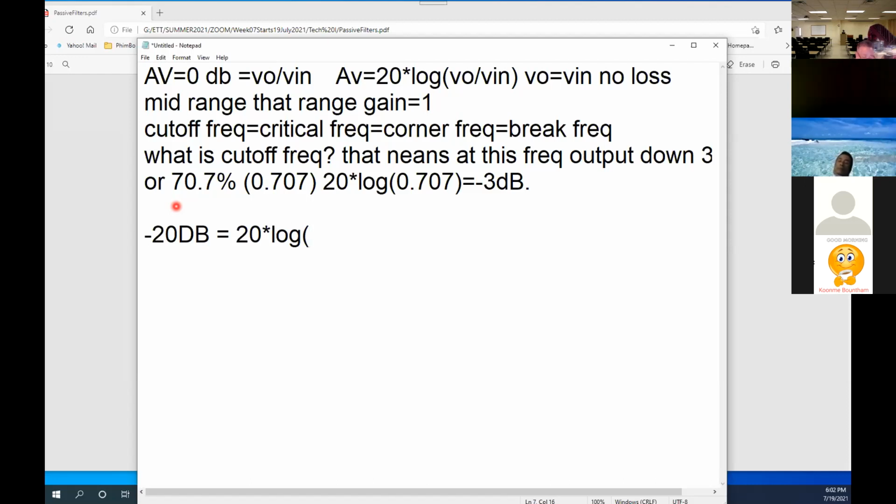V out over V in. But I want to see what number is equivalent to minus 20 dB. Like you say, okay, Mr. Pham, you could put an X or whatever letter you want there and then solve for it.